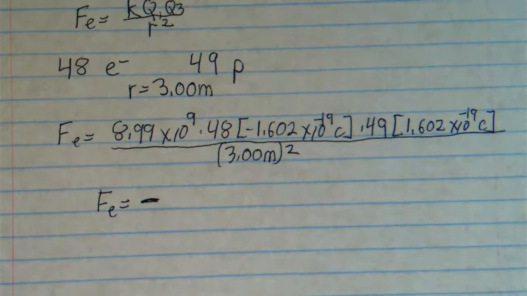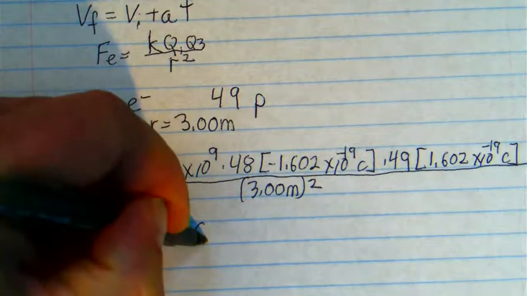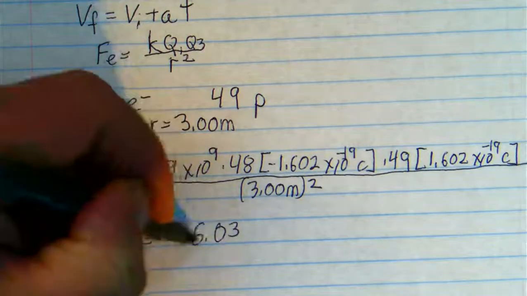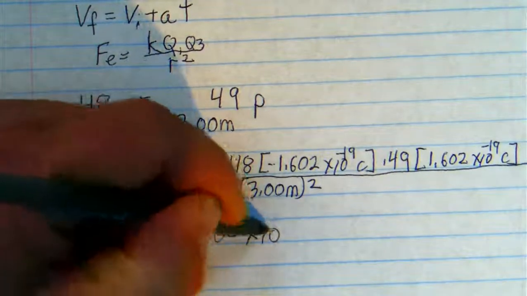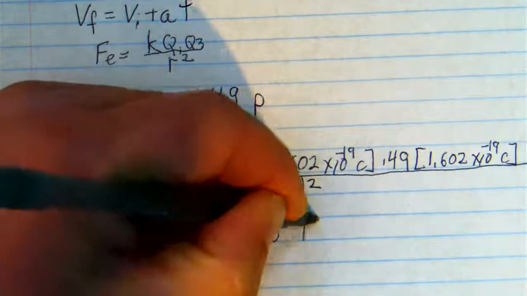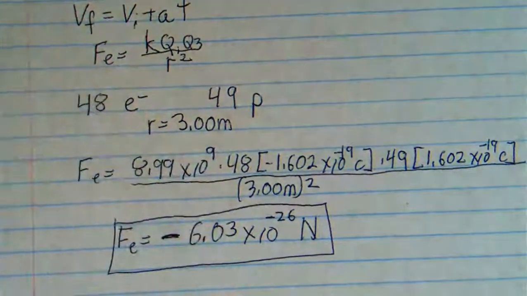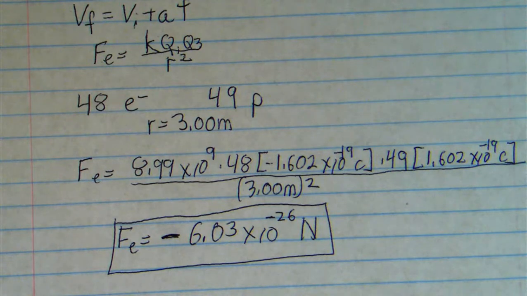Enter. 6.03 times 10 to the negative 26th power newtons. That's how much electrical attraction there would be between 48 electrons and 49 protons that are 3 meters apart.